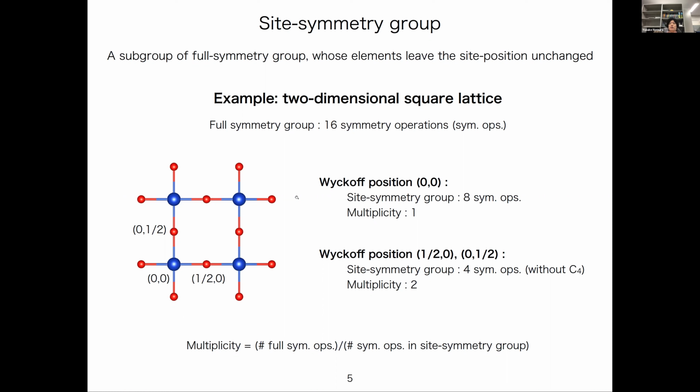And it consists of the rotations, like half pi rotation, pi rotation, 3 pi over 2 rotation, and 2 pi rotation. And we also have the reflection symmetry about the x-axis and the y-axis. And also the reflection symmetry about the diagonal lines, like this direction and these directions.